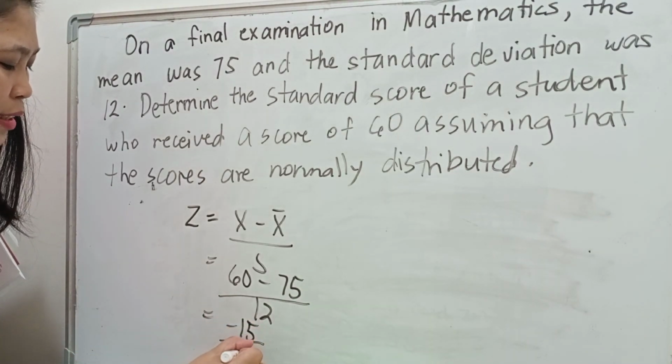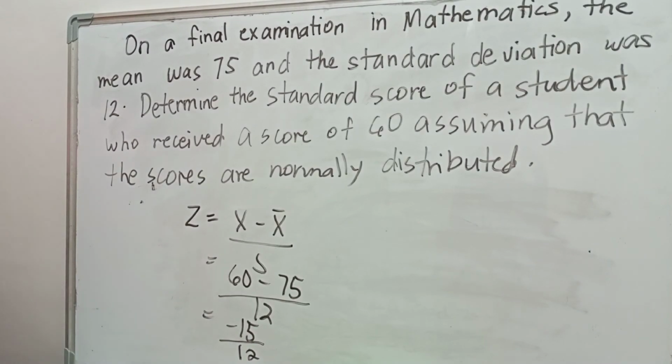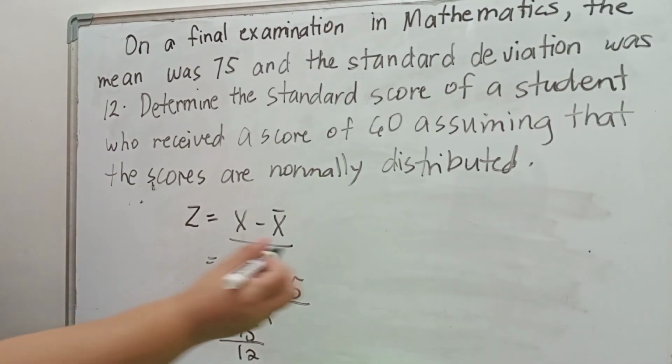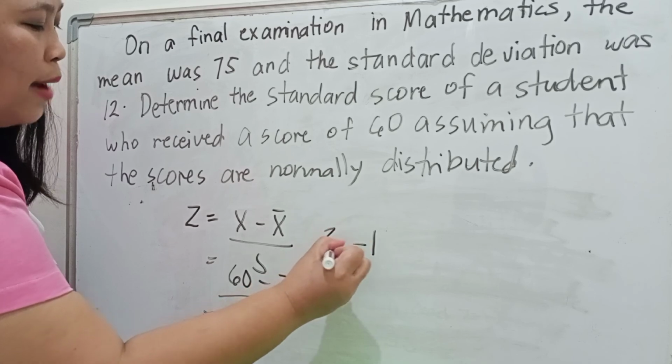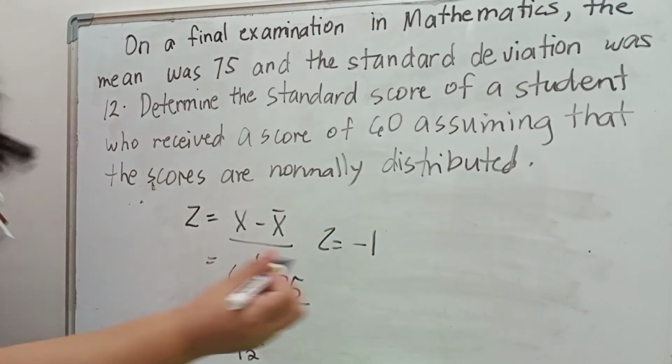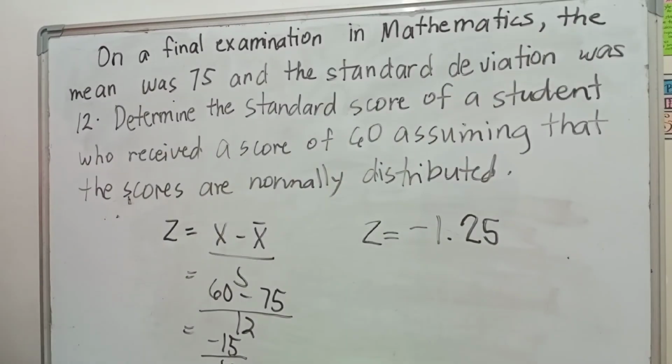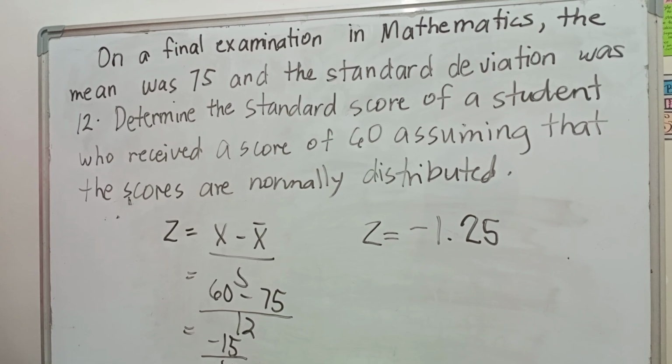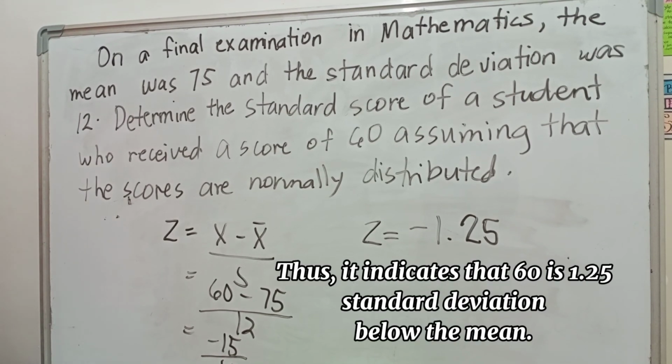Divide this by positive 12, and negative 15 divided by positive 12 is equal to negative 1.25. Thus, the raw score of 60 corresponds to a Z value of negative 1.25. It indicates that 60 is 1.25 standard deviations below the mean.